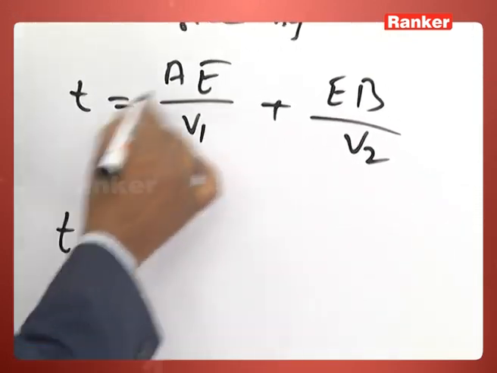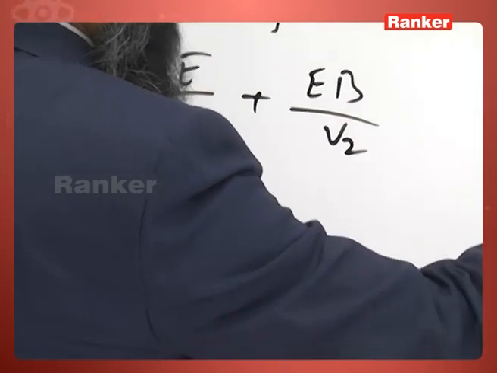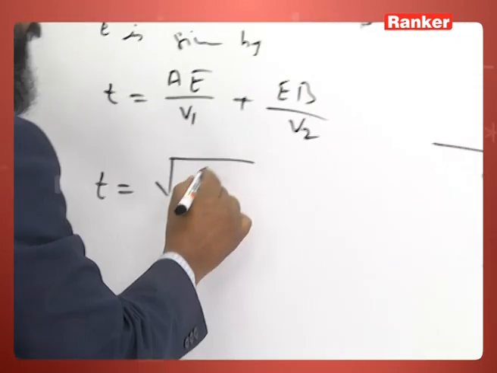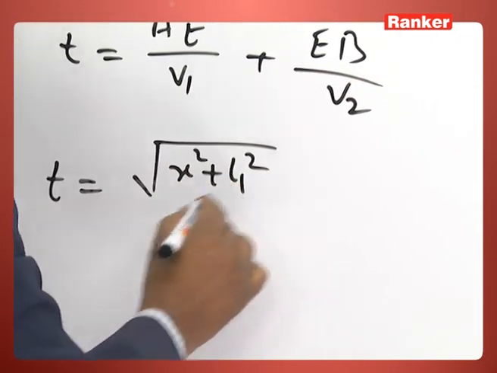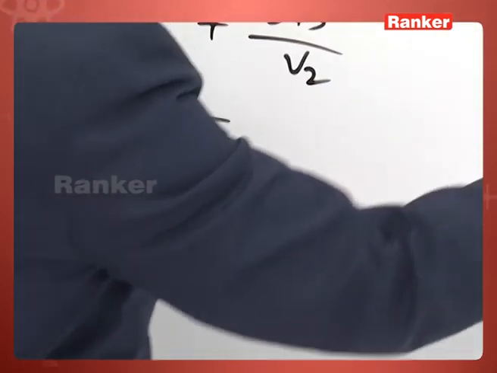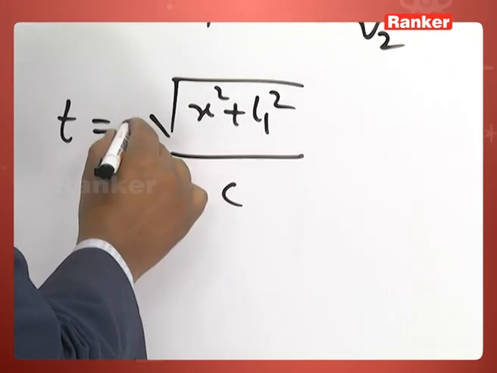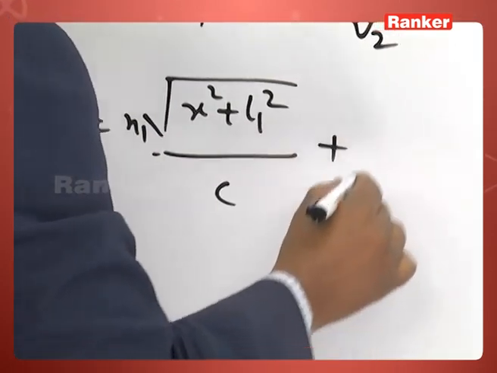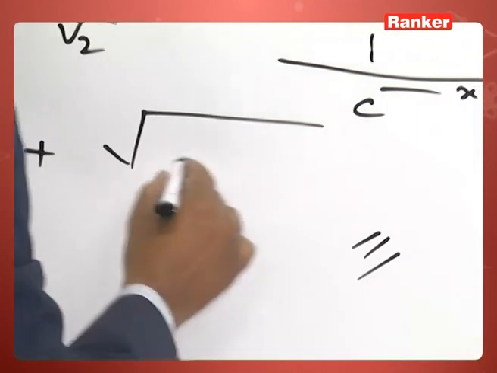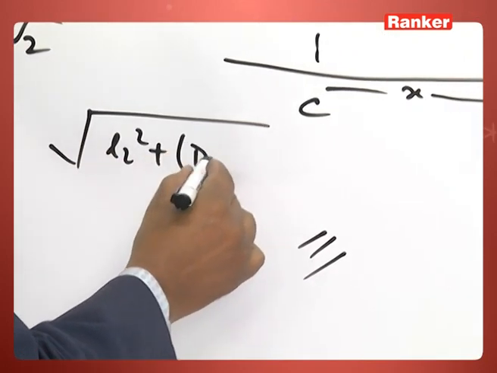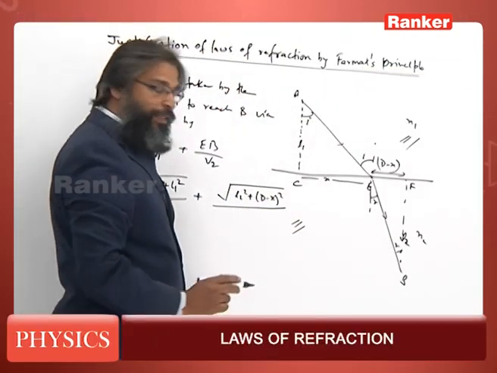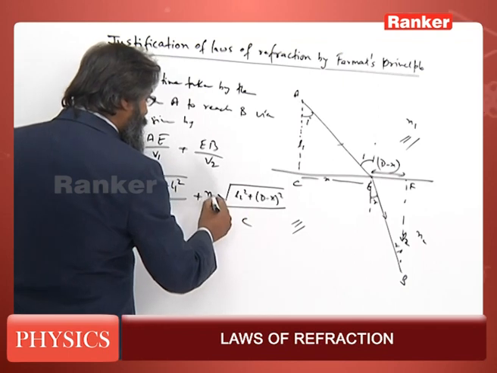Now AE, by geometry with L1 and x, by Pythagoras theorem is root over x square plus L1 square, divided by the velocity of light V1 in this medium, which is c by n1, plus EB, which is root over L2 square plus D minus x whole square, divided by the velocity of light in this medium, V2, which is c by n2.